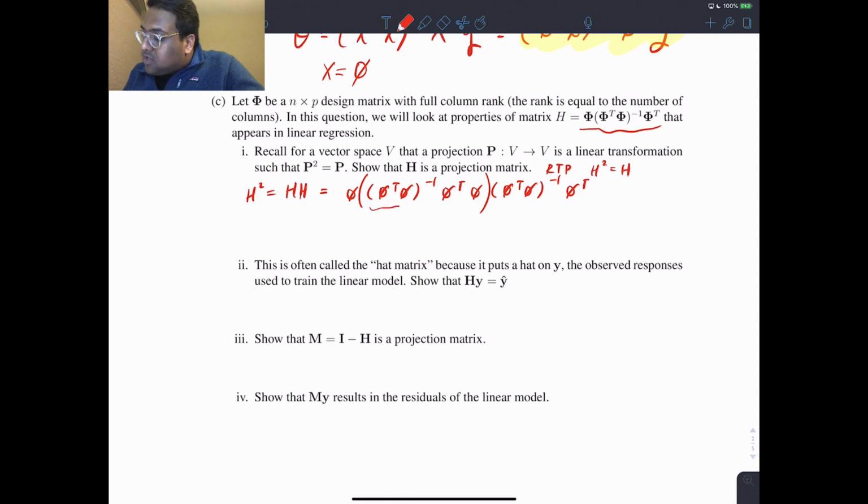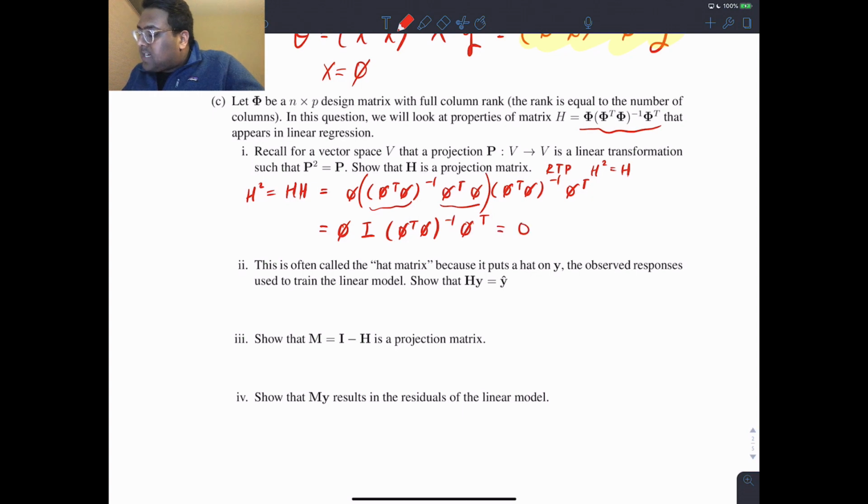Notice I have (phi transpose phi) inverse times phi transpose phi. A matrix times its inverse, by definition, gets us back to the identity matrix. So this really is phi times the identity times (phi transpose phi) inverse phi transpose. But the identity doesn't change the value of this multiplication.